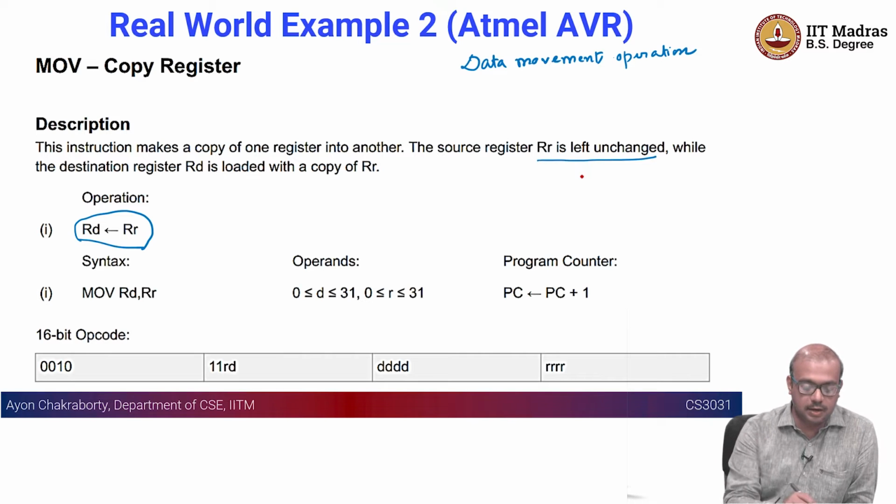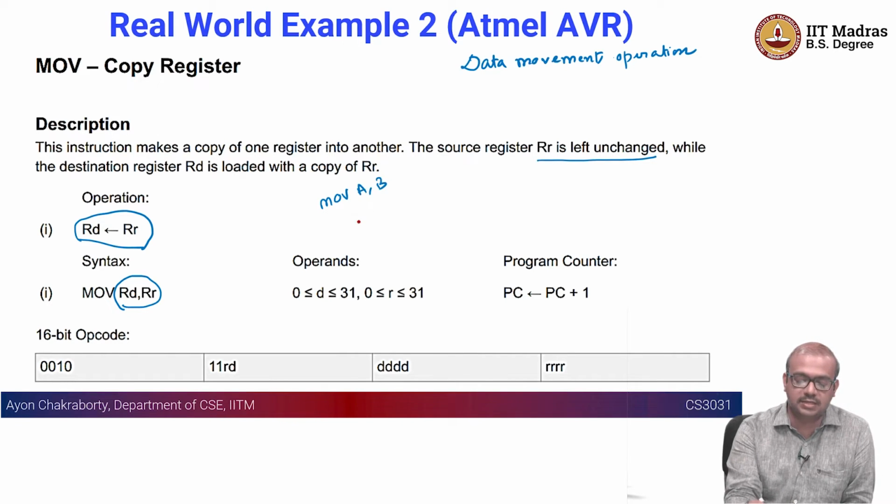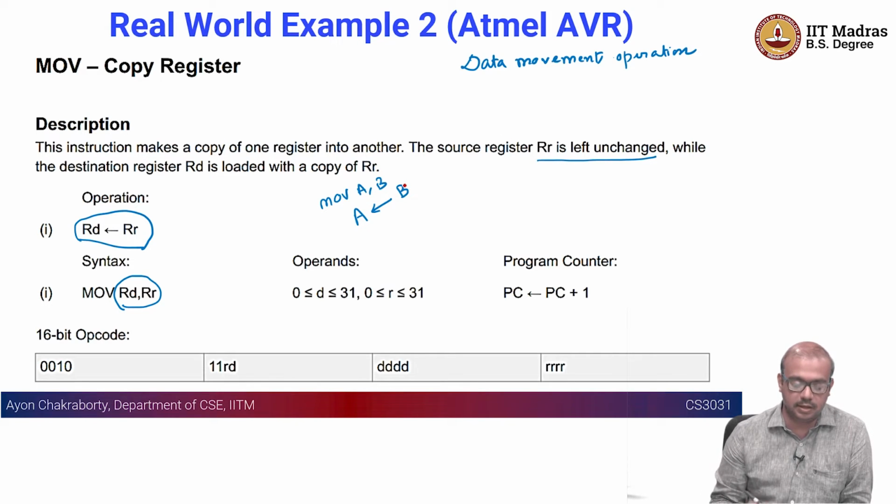So here, MOV RD, RR. As I also did, MOV A, B. So A is the destination register and B is the source register. So A is loaded by the contents of B. One more thing that you need to understand is that by execution of this instruction, the program counter is incremented by 1.